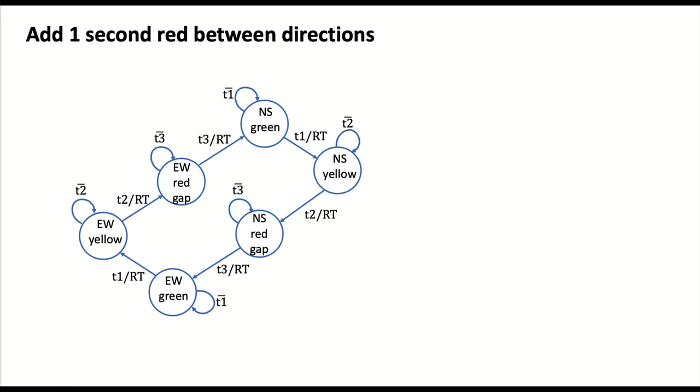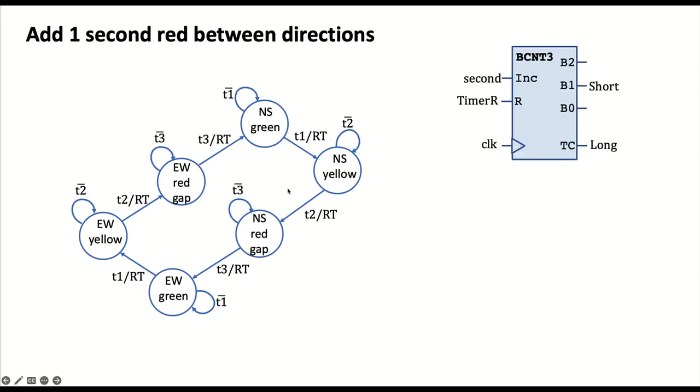That way drivers who think yellow means hurry up, the light's about to turn red, hopefully will not encounter another car. This is simple enough to do, and your state machine requires another state to wait in between.